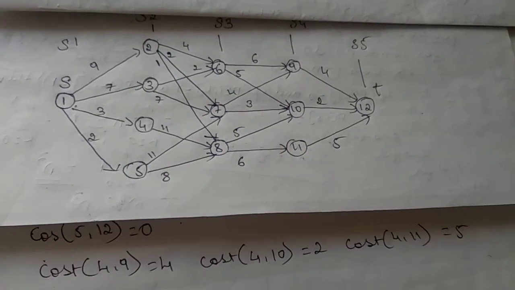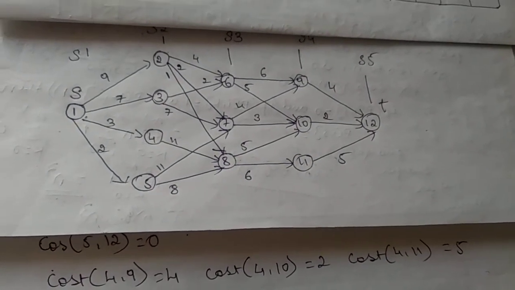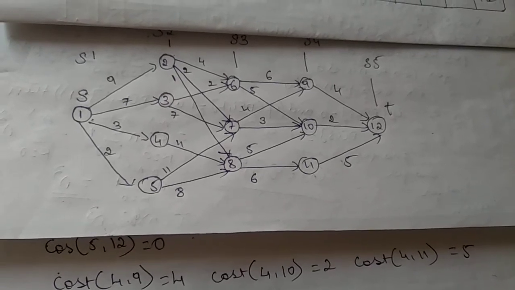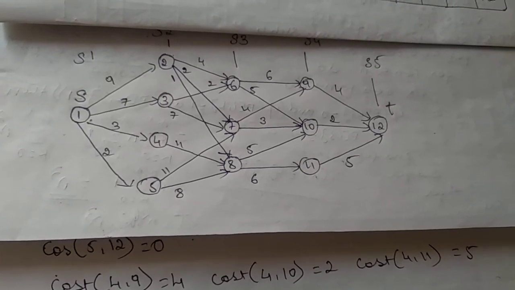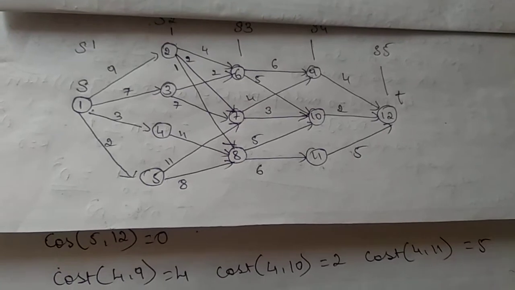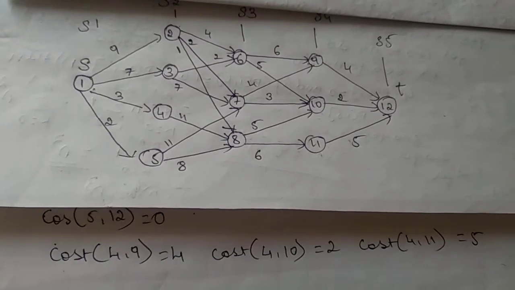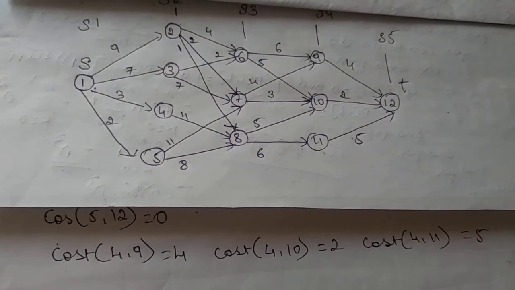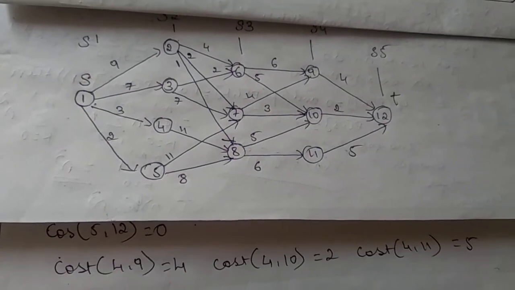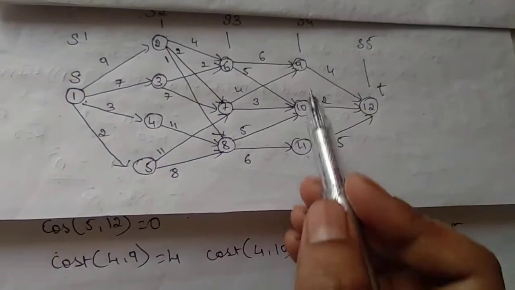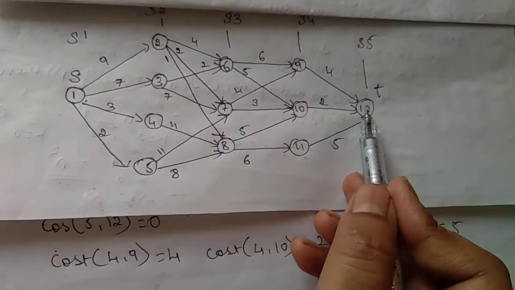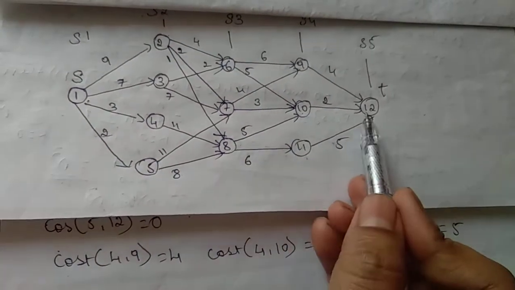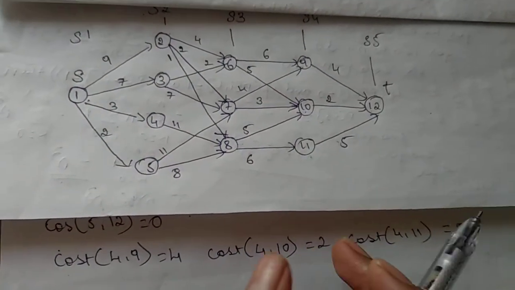I have written it. If it is reaching directly to the destination, then no need to apply the formula. If it is reaching some other vertex, then you have to apply the formula. Now 9, where is it going? Towards 12. 10, 12. 11, again it is 12.